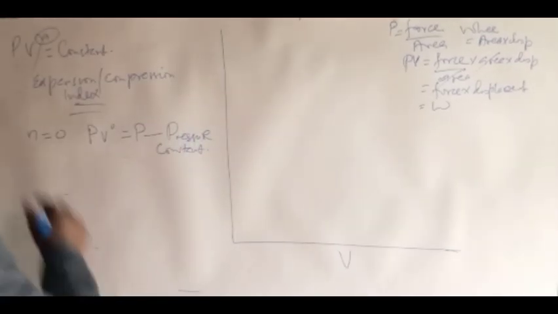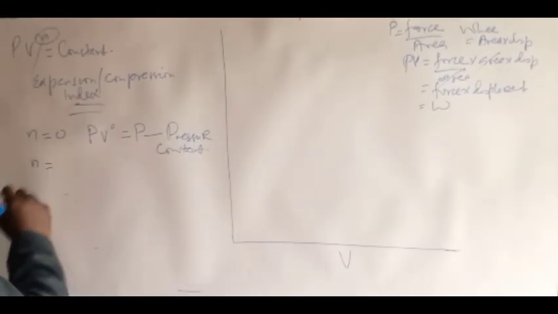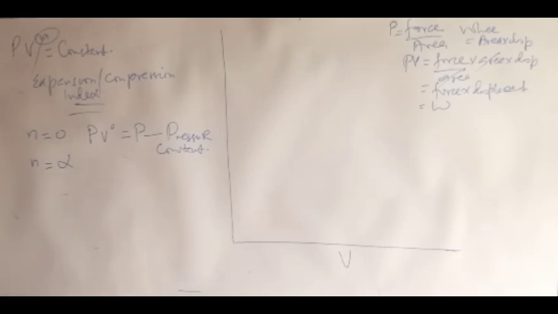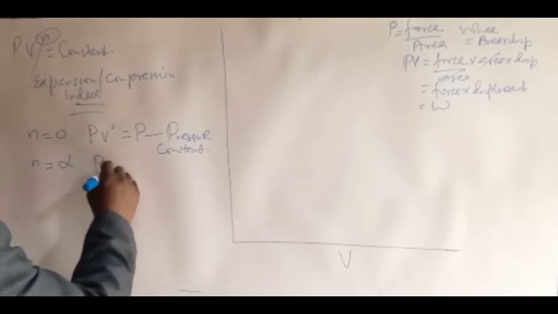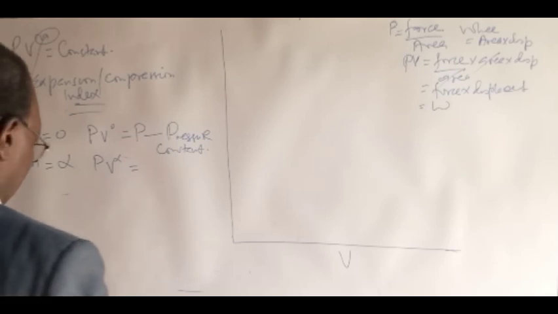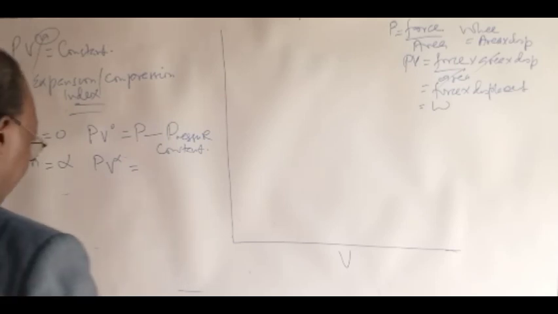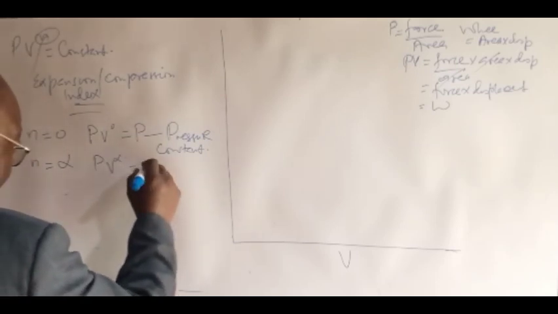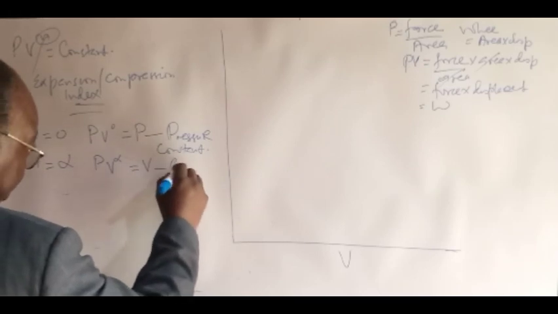When n is equal to infinity, then we have PV^infinity. So what will this be? This will be constant volume.